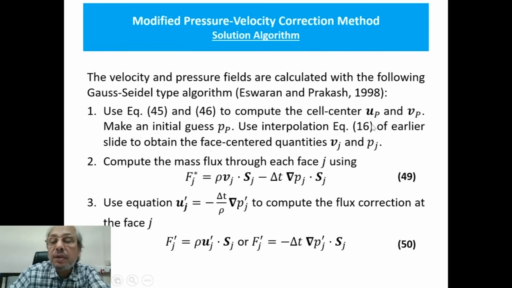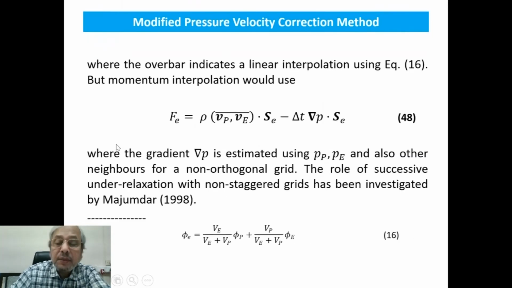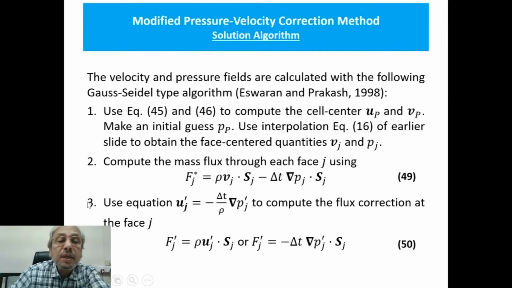Use the interpolation of equation 16, which means the linear interpolation from the earlier slide, to obtain the face-centered quantities Vj and Pj.